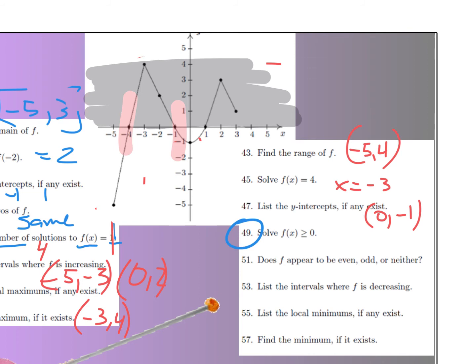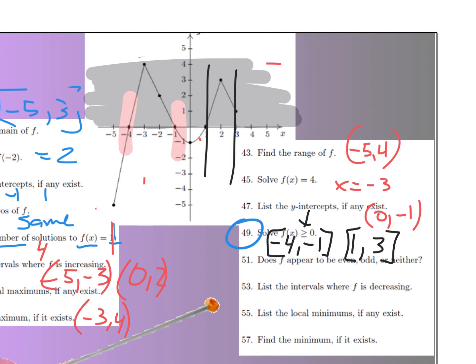So it's from -4 to -1, thank you. And it touches, it's got a greater or equal to 0, brackets. And the other place where it's above 0 is from here to here, which is from 1 to 3. It's above 0 in that zone, or equal to 0.